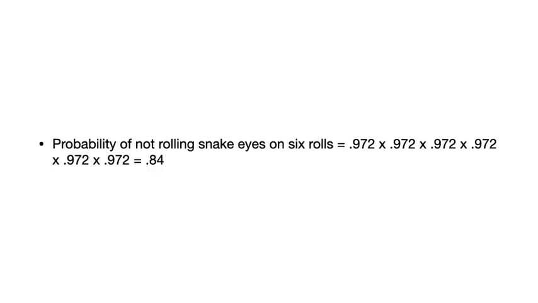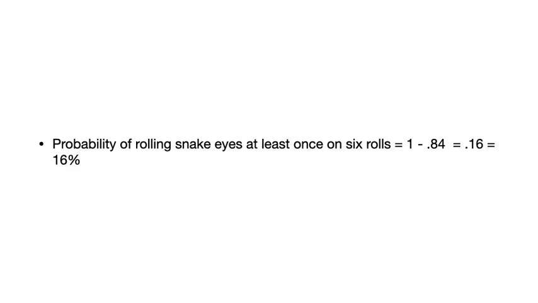About 84%. It's actually 84.448 something. All right. Well, now we have that number. Probability of rolling snake eyes at least once on 6 rolls equals 1 minus 0.84 equals 0.16. If you really like percentages, 16%, thereabouts.